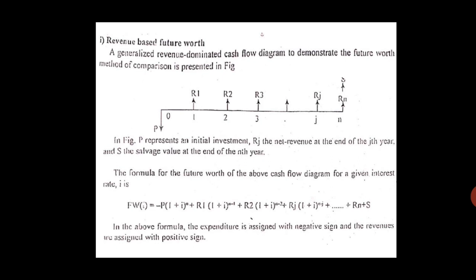So the formula again with the cash flow diagram, future worth at interest rate i is equal to minus P(1+i)^n plus R1(1+i)^(n-1) plus R2(1+i)^(n-2) plus Rj(1+i)^(n-j) plus Rn plus S. So again, the expenditure is assigned a negative sign and the revenues are assigned a positive sign.